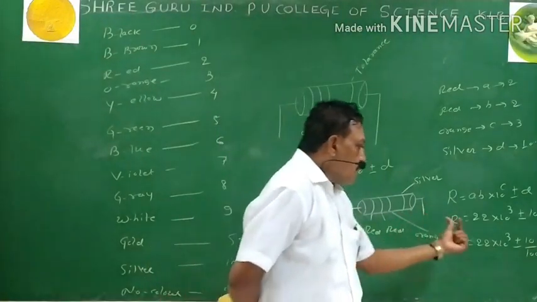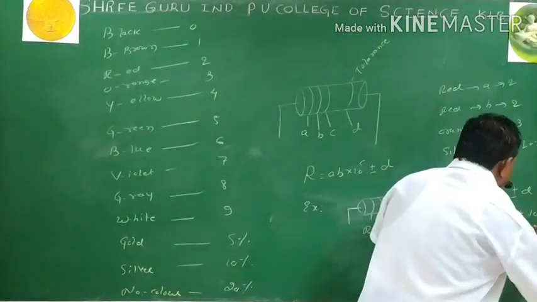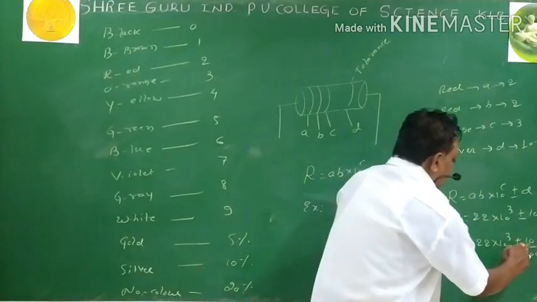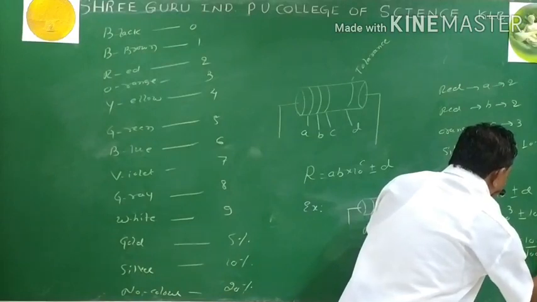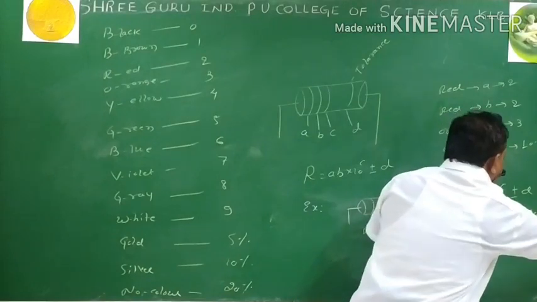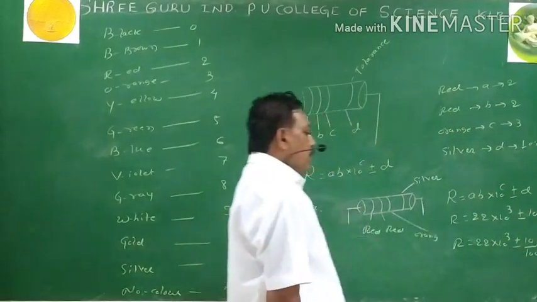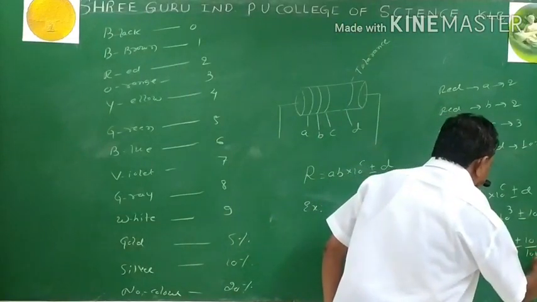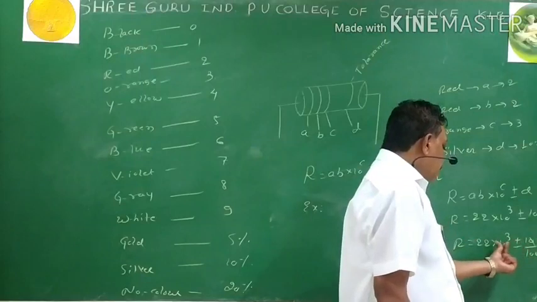10% of what? Total resistance. What is your total resistance? 22 into 10 to the power of 3. I write here 10%, that percent is nothing but by 100. 10 by 100. 10% of what? Total resistance, that is nothing but 22 into 10 to the power of 3. Are you seeing? 22 into 10 to the power of 3. Then I go for calculation. I cut this one. Don't cut this 10 to the power of 3 because I need the common power.